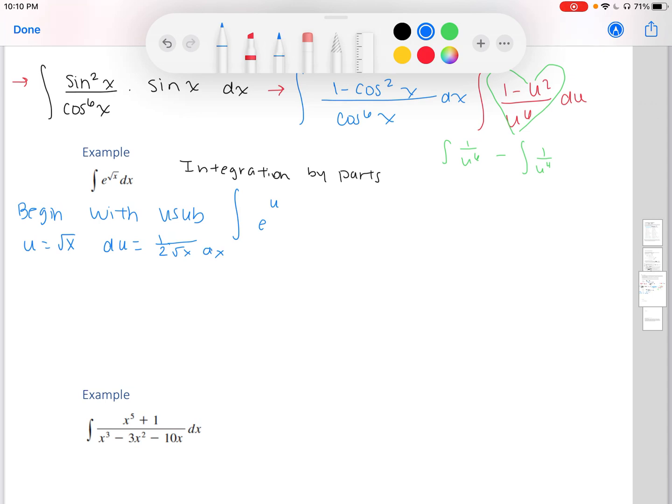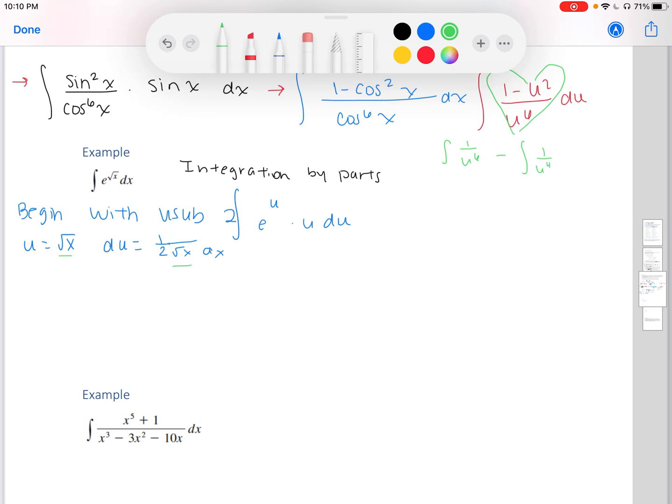So if we're integrating with that, then we're going to need a 2u du. And why do we have that u du? That's to make up this square root of x and the square root of x, since they will cancel.